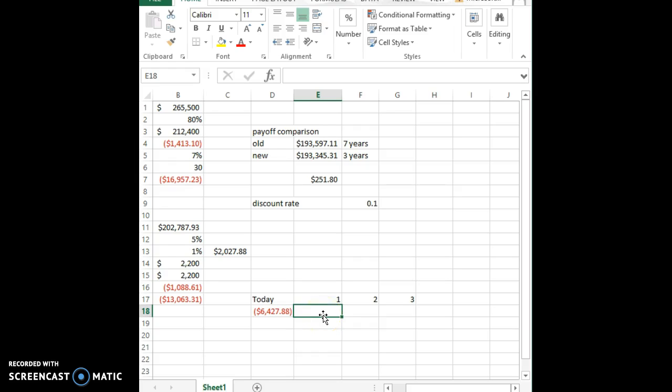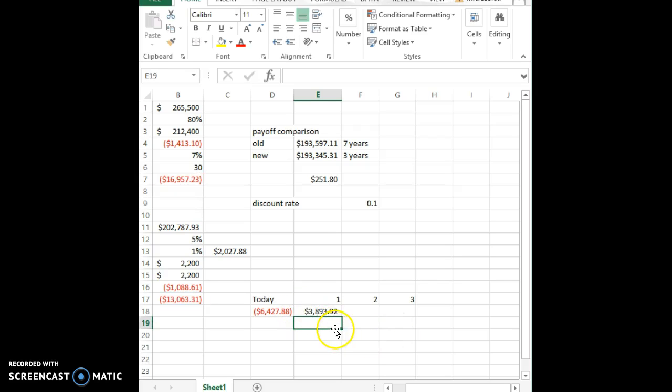Now what we want to do is take the difference between annual payments. So equal $16,957 minus $13,063.